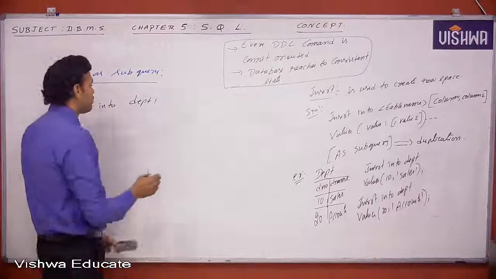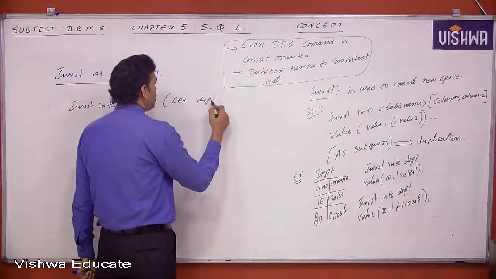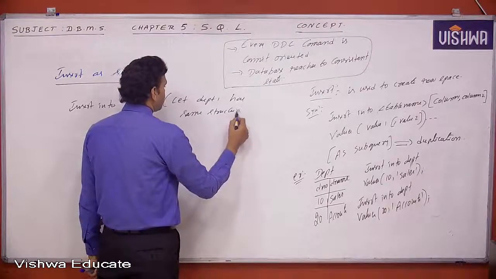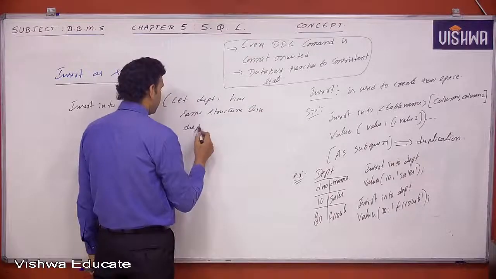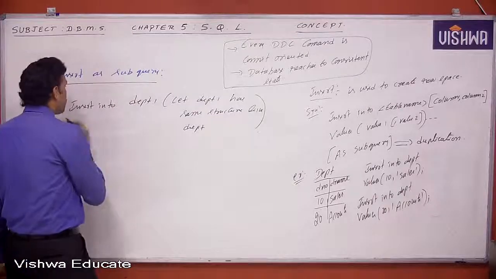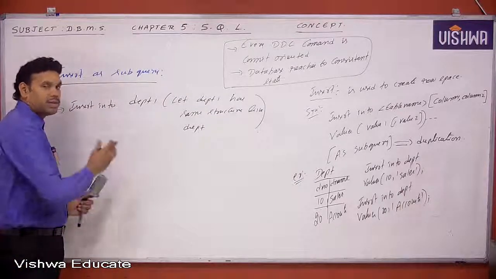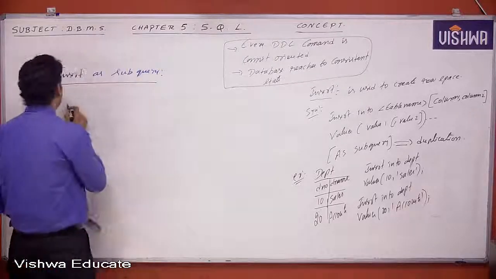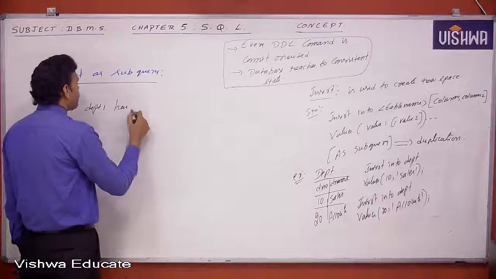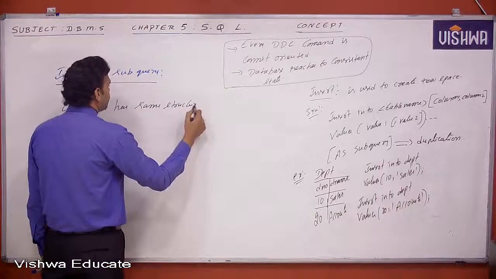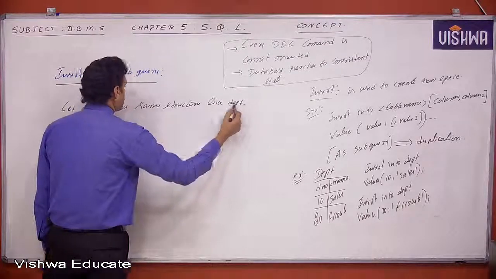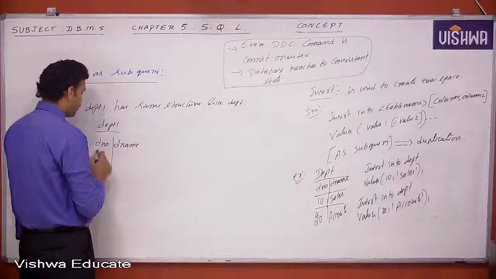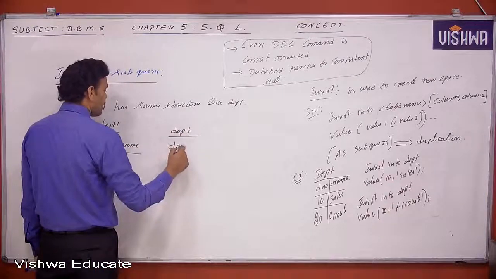Assume DEPT1 has the same structure as DEPT: DEPT1 also has dnumber and dname, and DEPT also has dnumber and dname.